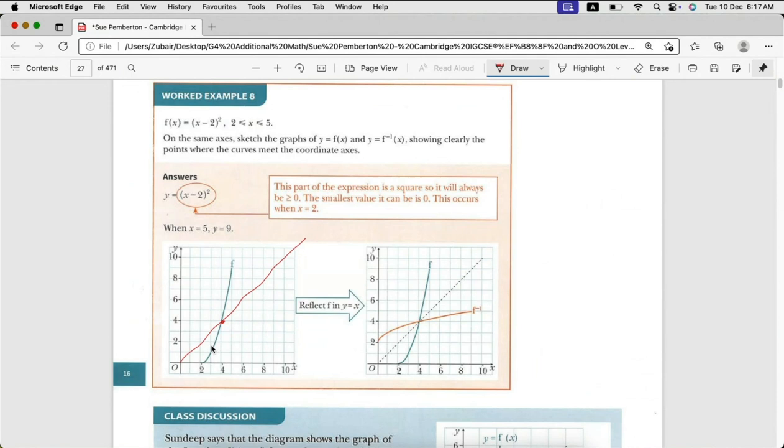This point stays there. This is x 2, y 0, so we just swap those points. We make x 0, y 2, and this last point is x 5, y 9. So we swap these points, x 9 and y 5. So this will be the sketch of the inverse, a reflection in y equals x.